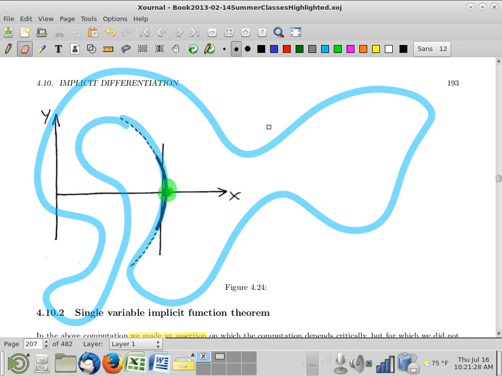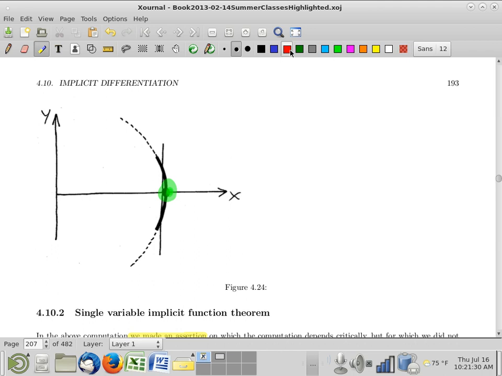Well, I can throw away most of the curve and restrict my attention just to that part of the curve, but no matter how little of the curve I look at, given where that point is, I am failing the vertical line test. It's not a function. Right? For this curve at that point, y is not a function of x.